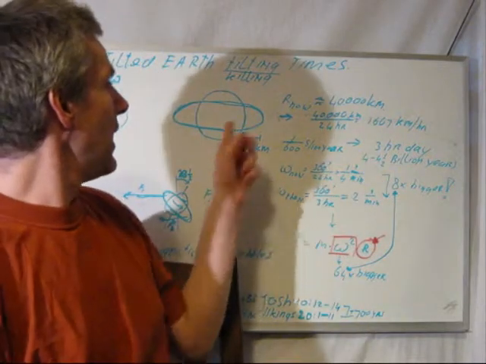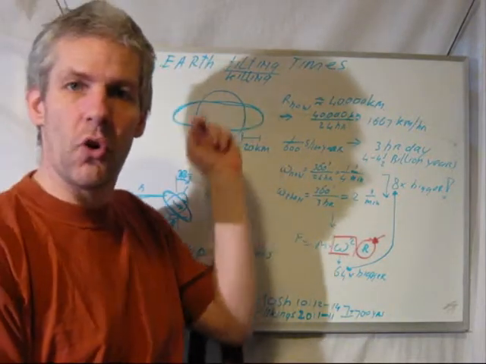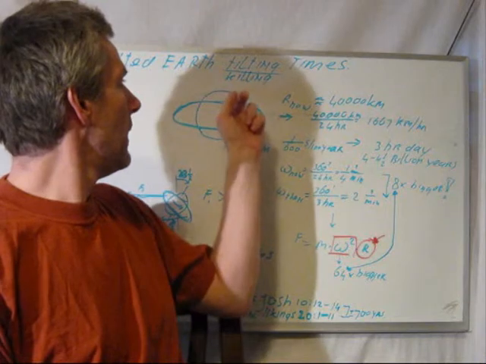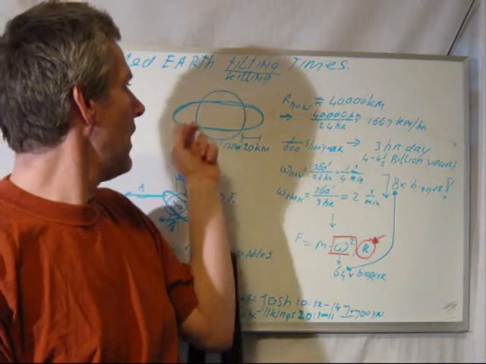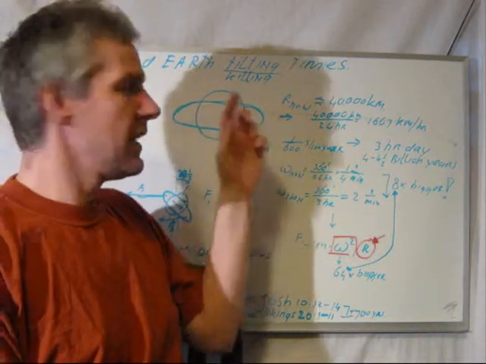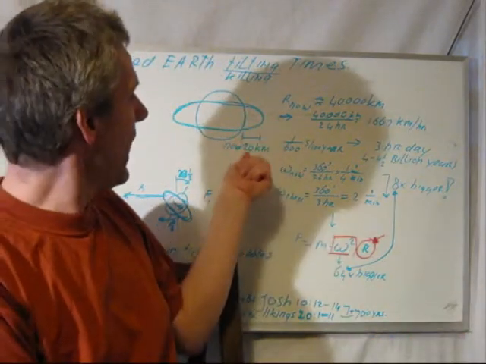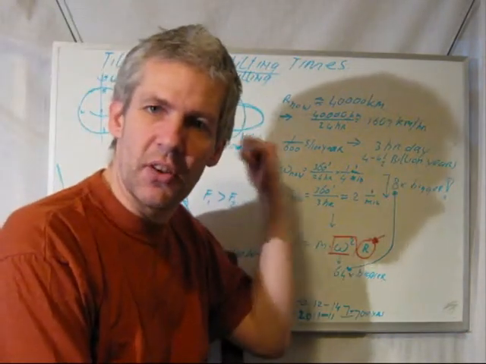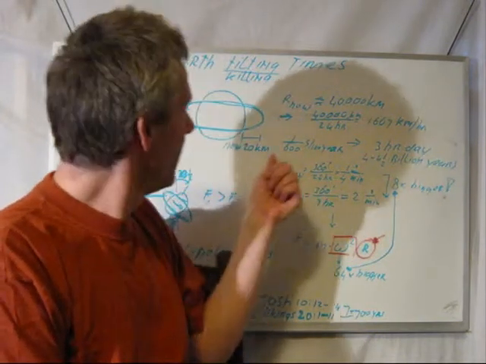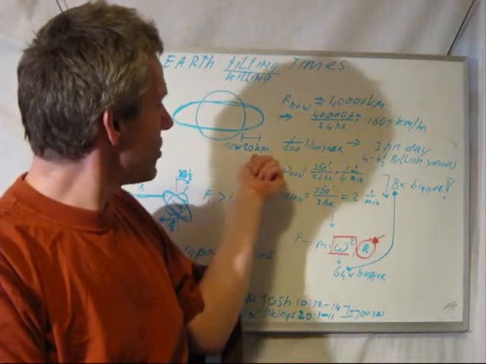Nowadays, I exaggeratedly drew it here. So this is an Earth that is elongated by the rotational forces. I just exaggerated the drawing, of course, you can see that. And this is now 20 kilometers.